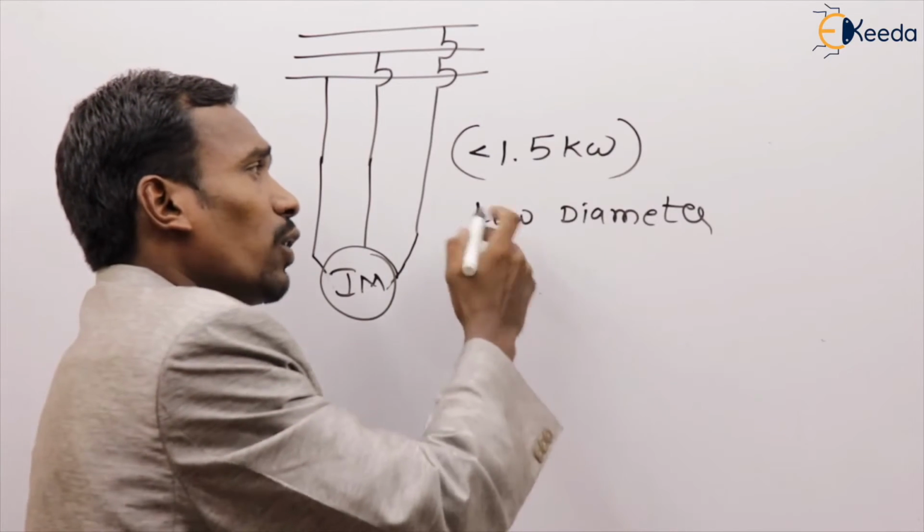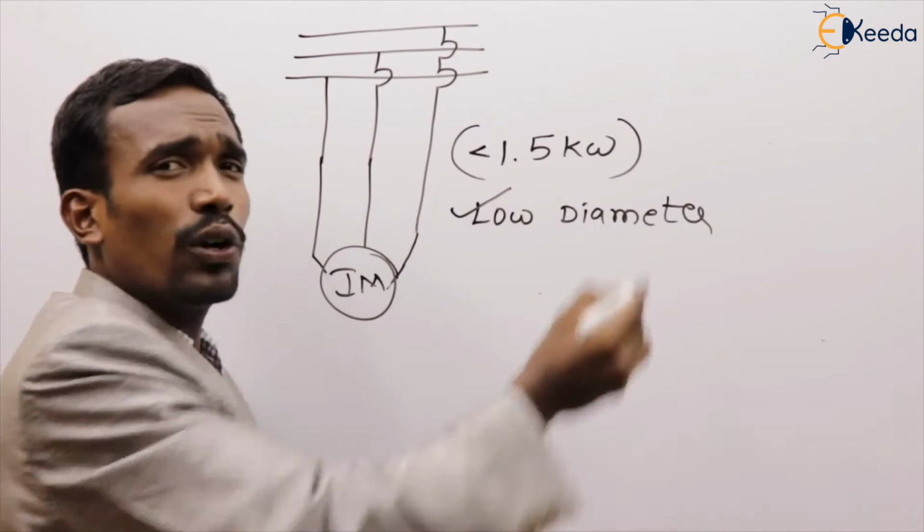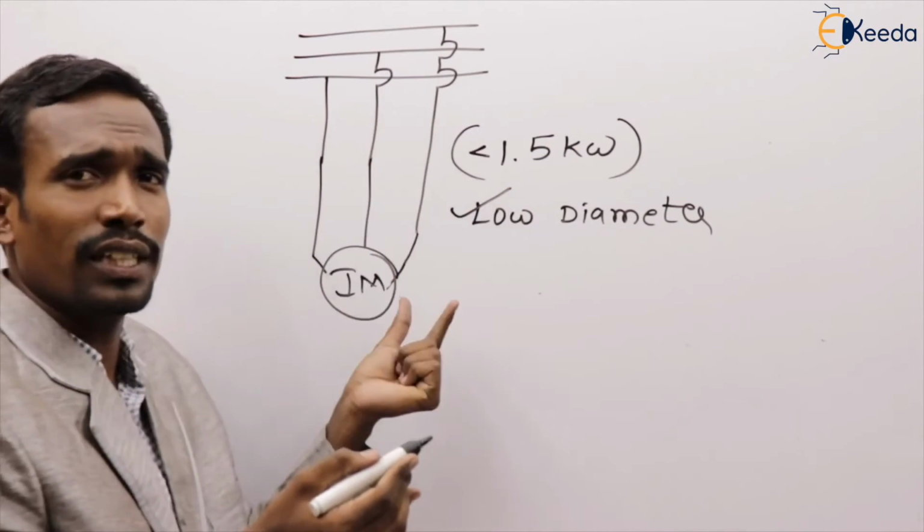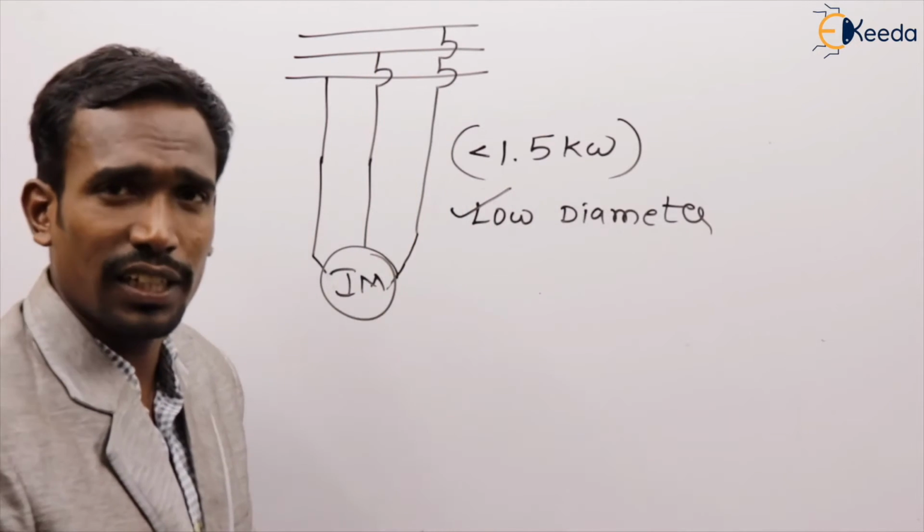So for low diameter and low rating machines, we generally use direct online starting.